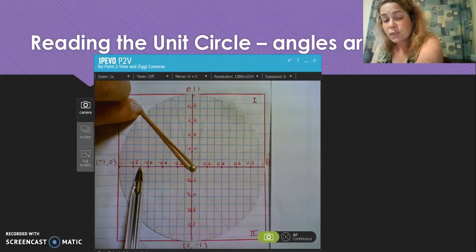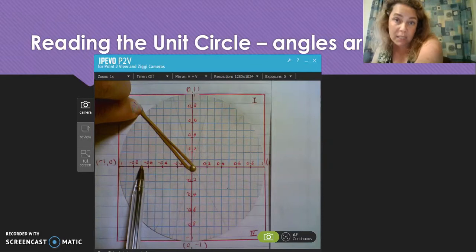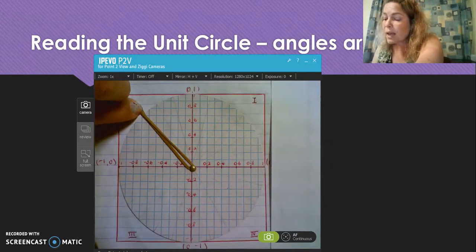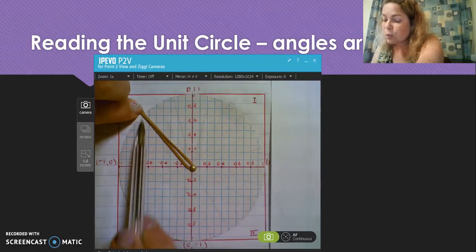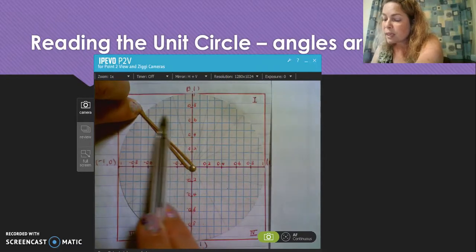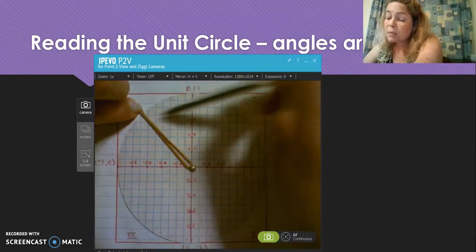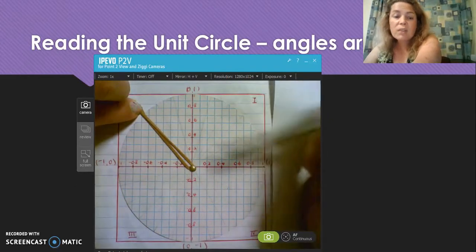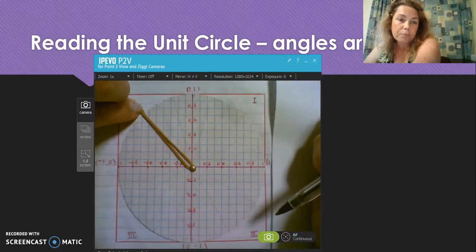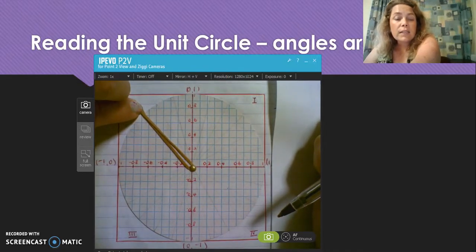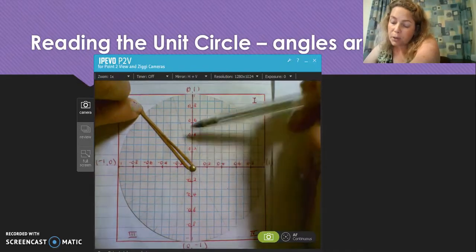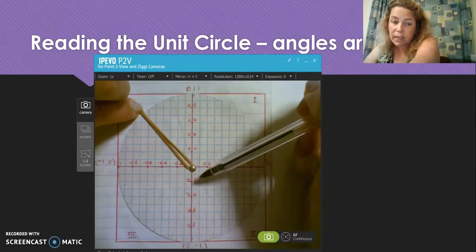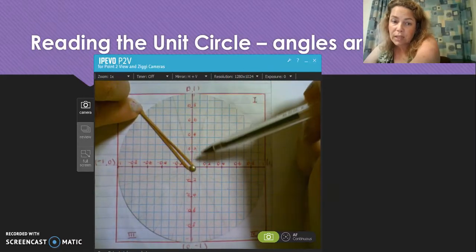So our cos value of 135 degrees is negative 0.7 approximately, and our sine value would be the same, approximately, but this time it's positive, so it will be 0.7, and you can check those with your calculator.